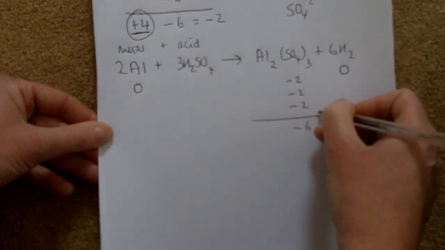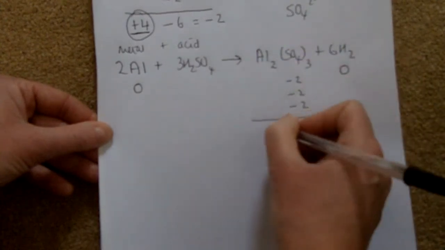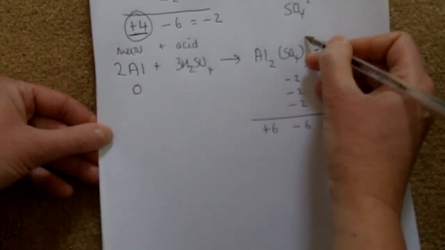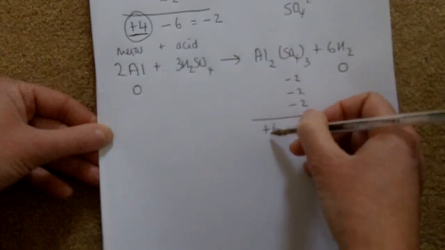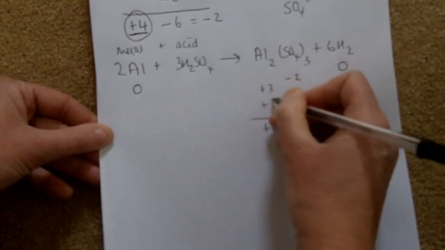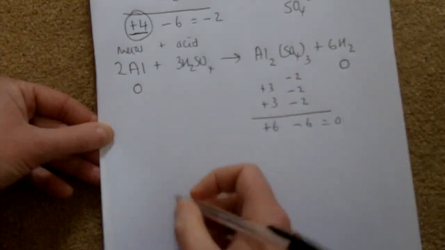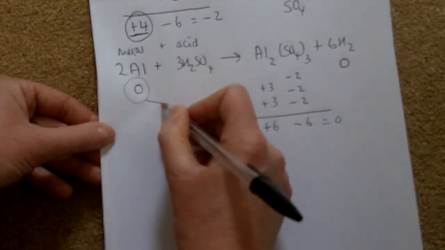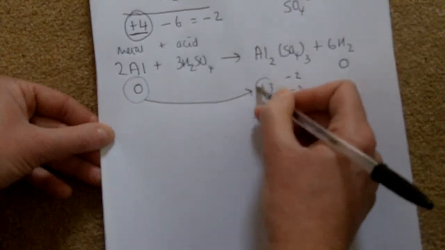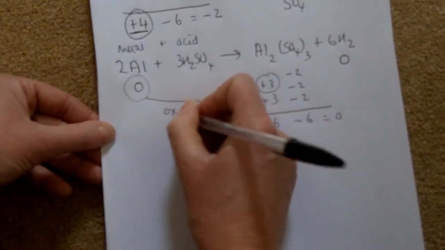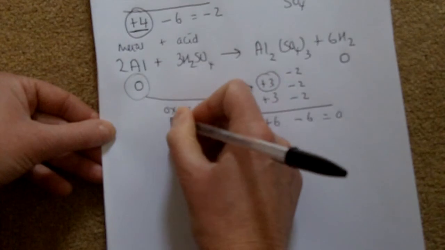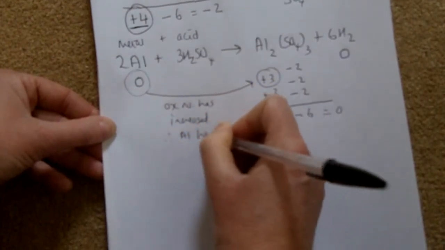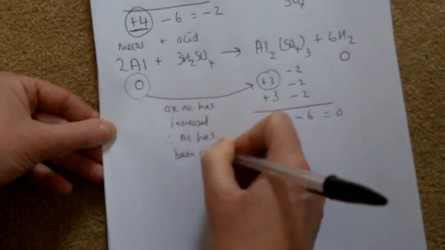So aluminium here has to be +6 because it has to equal 0. There's no charge. But there are 2 aluminiums, so each one needs to be +3. So aluminium has changed from oxidation number 0 to +3. The oxidation number has increased, and therefore the aluminium has been oxidized. That's oxidation.